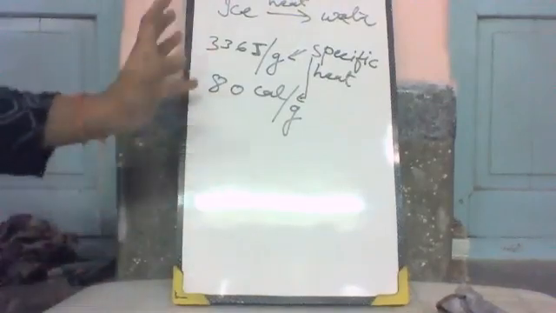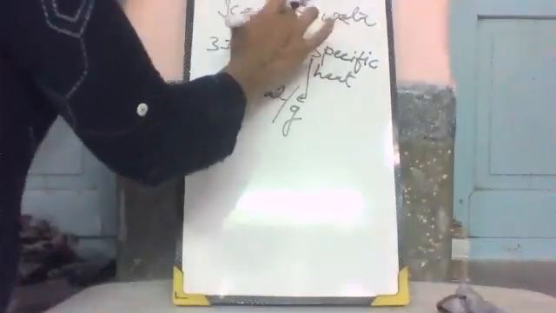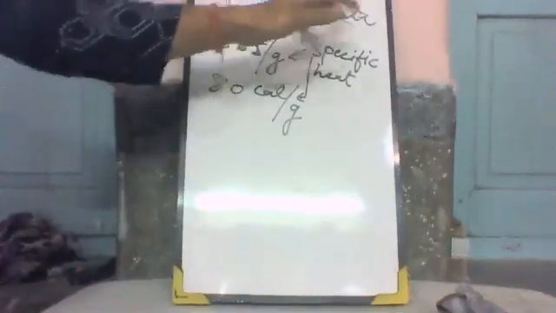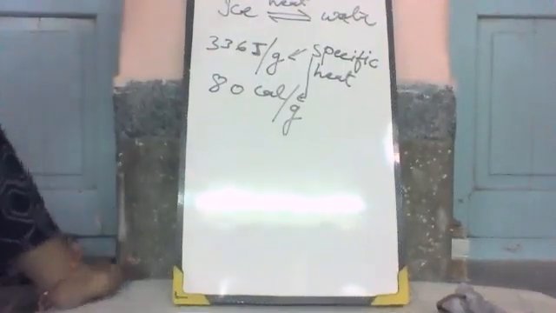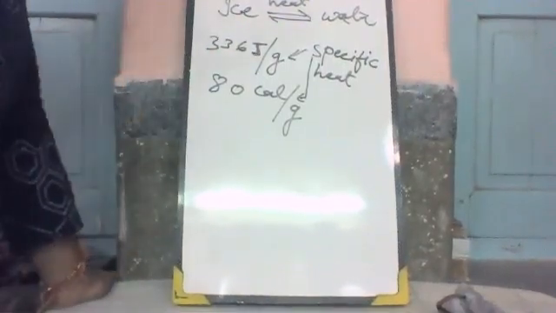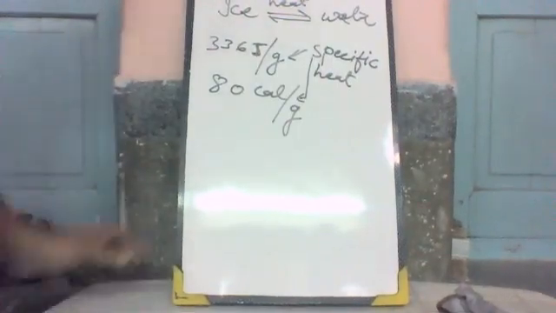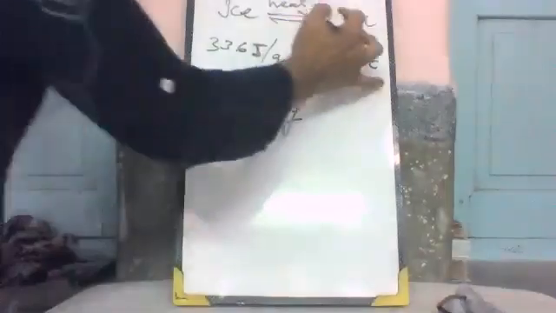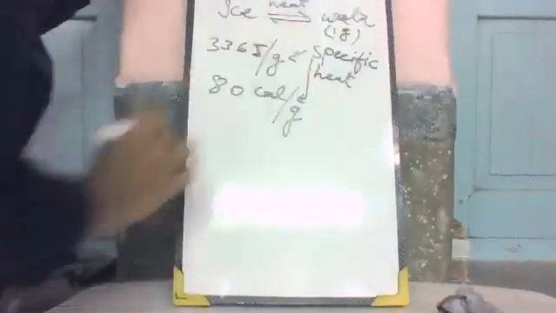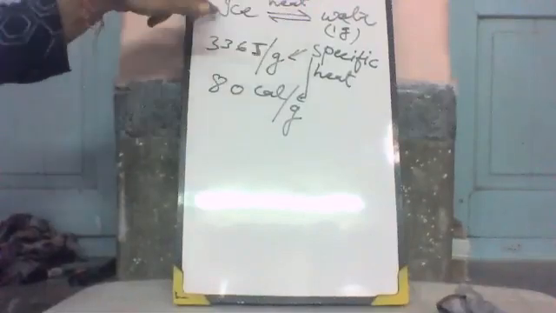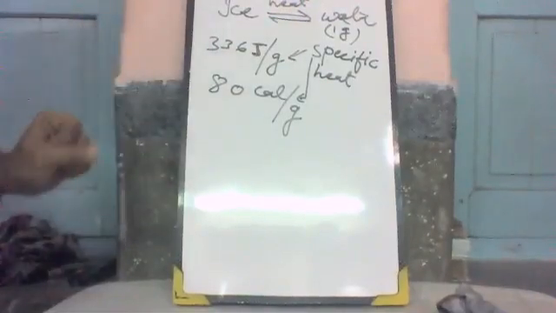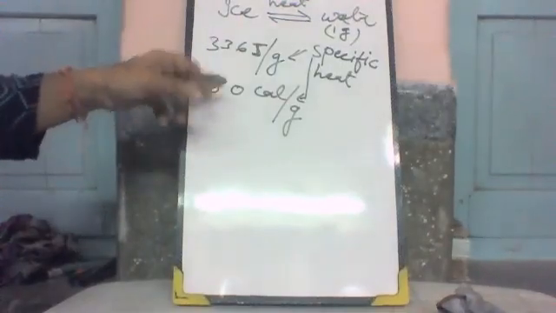And when we remove this energy from water, it changes into ice. So the same amount of heat is released from 1 gram of water. It required 336 joule to change into water. If we release, then here is the same.